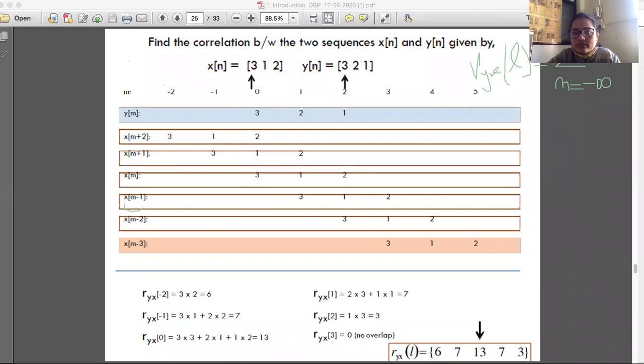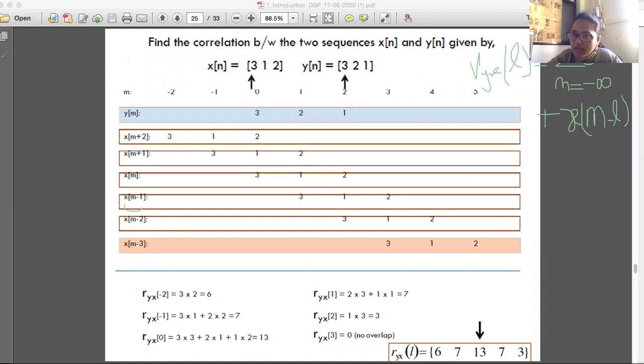So the first sequence which we have considered is y, so y of m. The second sequence is x of m minus L. Now this L is nothing but the shifting parameter.